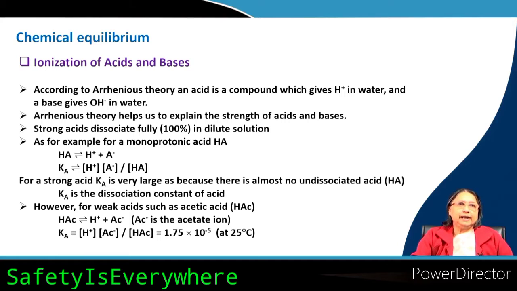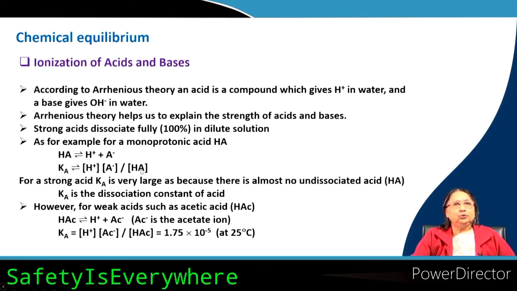For example, HA, which is a monoprotic acid, gives H plus ion and A minus ion, and in case of acid dissociation we always write Ka, that is in this case H plus ion concentration into A minus ion concentration by the concentration of HA.